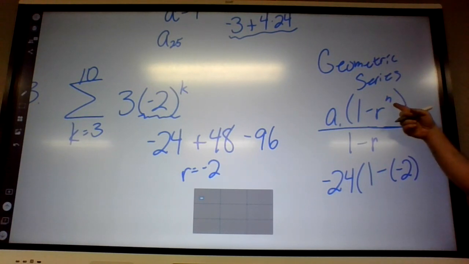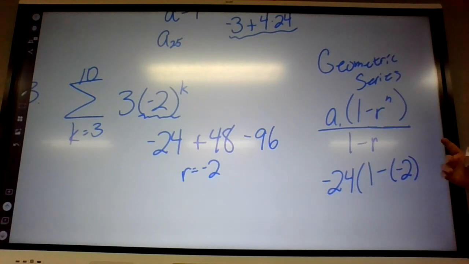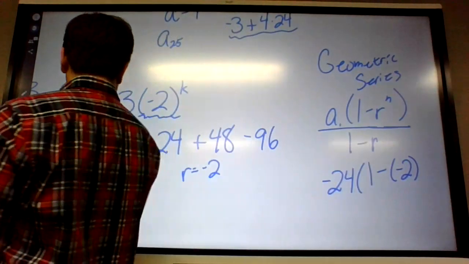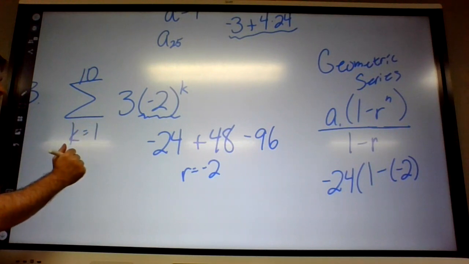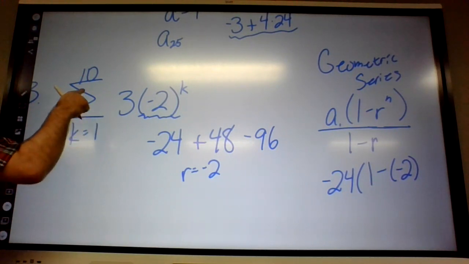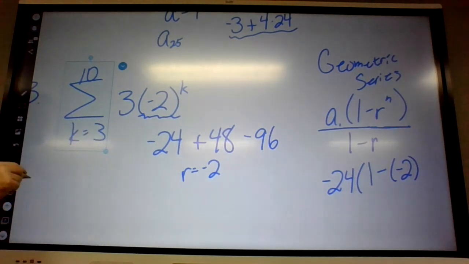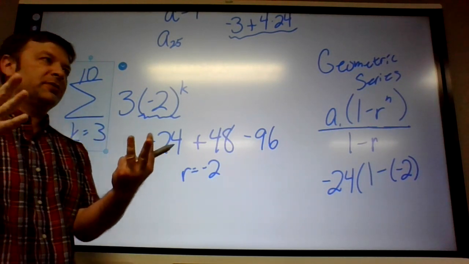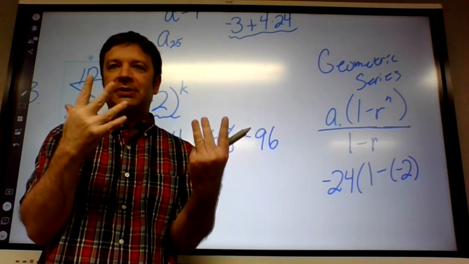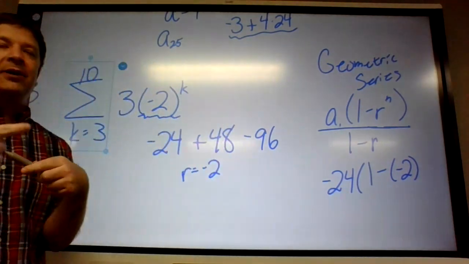Okay, what is n on this? This is where this one gets tricky. It's actually not 10. Normally it would be 10 if k was 1. But it's not 10. If you go 3, 4, 5, 6, 7, 8, 9, 10, that's actually 8 terms, because you have to count 3 itself.